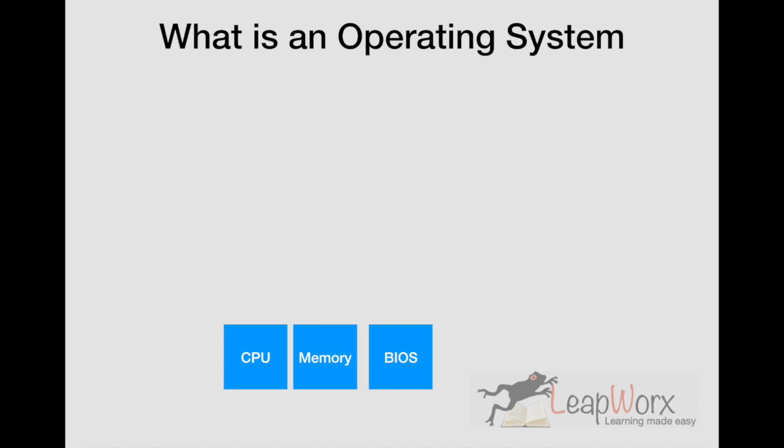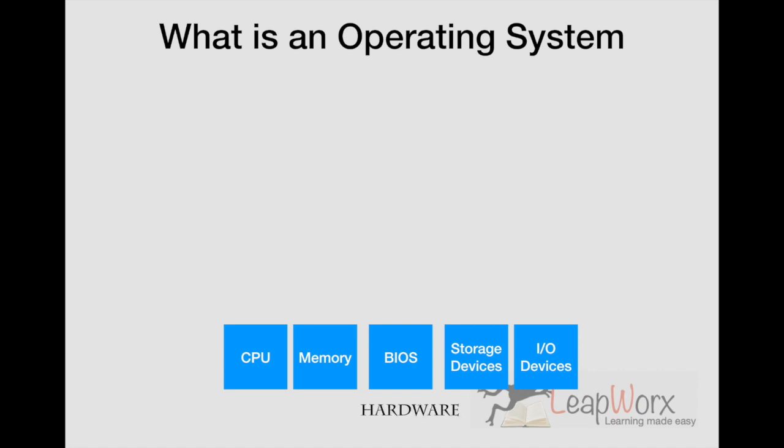So in order to enter something through the keyboard and see something through the monitor, they put some software in. Then there are storage devices. Then there are I/O devices. When I say I/O, it's input and output. That means there's keyboard, mouse, all kinds of devices. And all of this is called hardware, right?